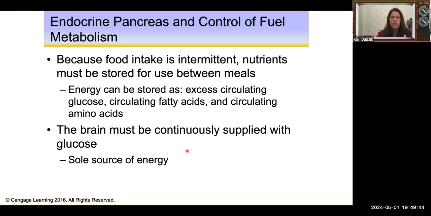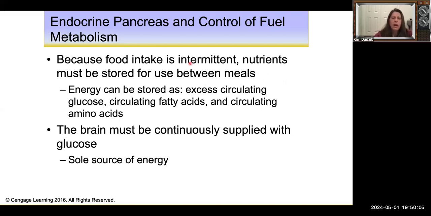So that way, during periods in between meals, as it says here, then we can access those stored supplies. We just, through catabolism, break them down once again into their monomers and release them back into the blood.